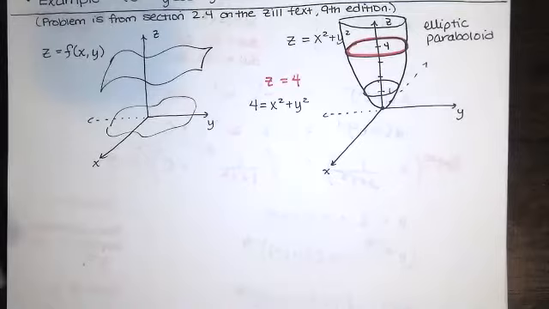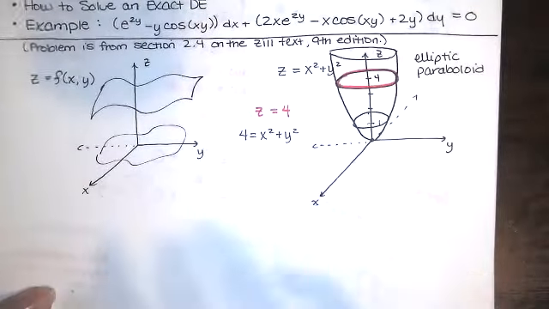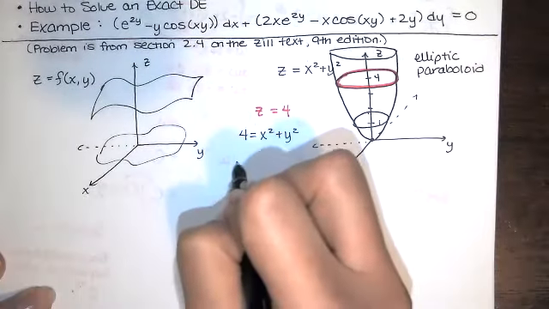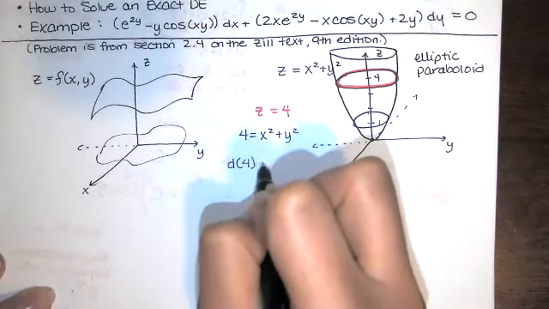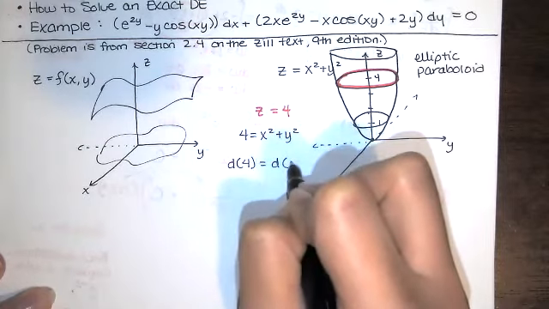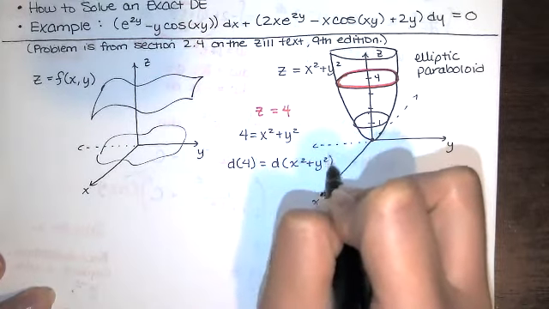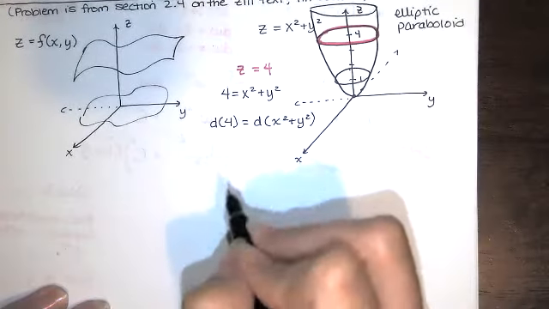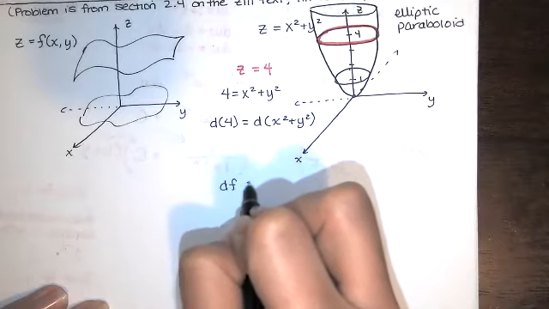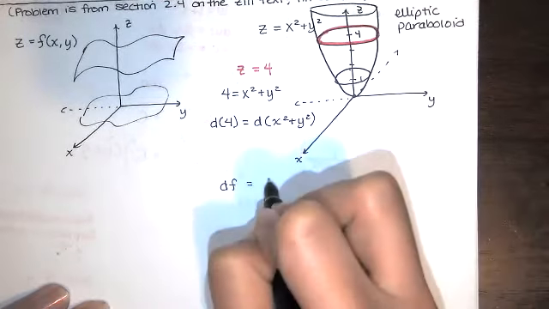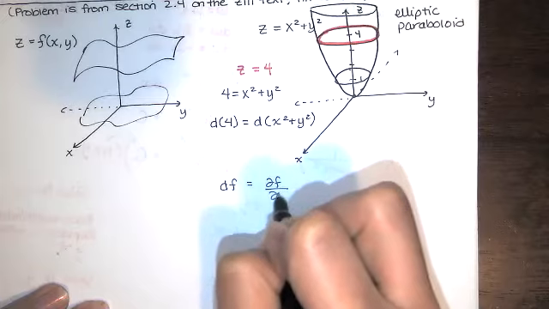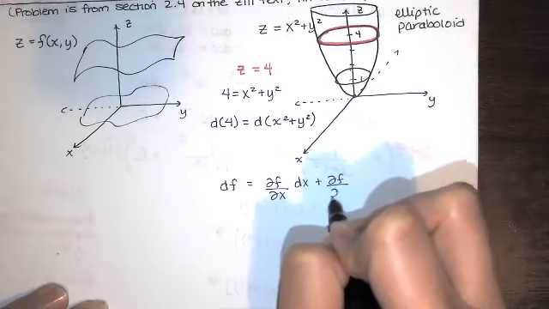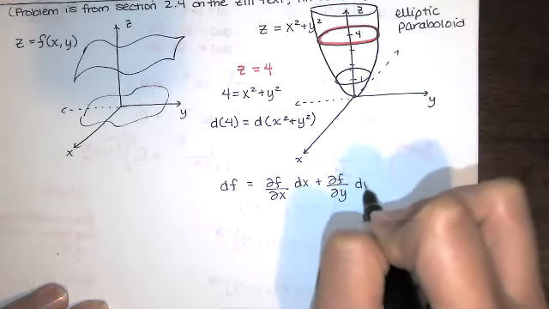Now, if I want to take the derivative of both sides, or alternatively take the differential of both sides, then this makes sense in the following way. We say that the differential of f in Calculus 3 is defined to be the partial derivative of f with respect to x times dx plus the partial derivative of f with respect to y times dy.